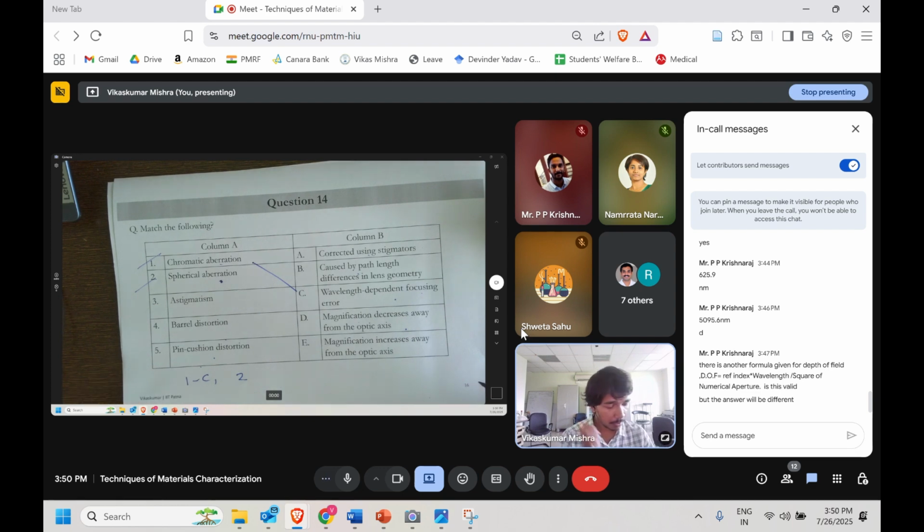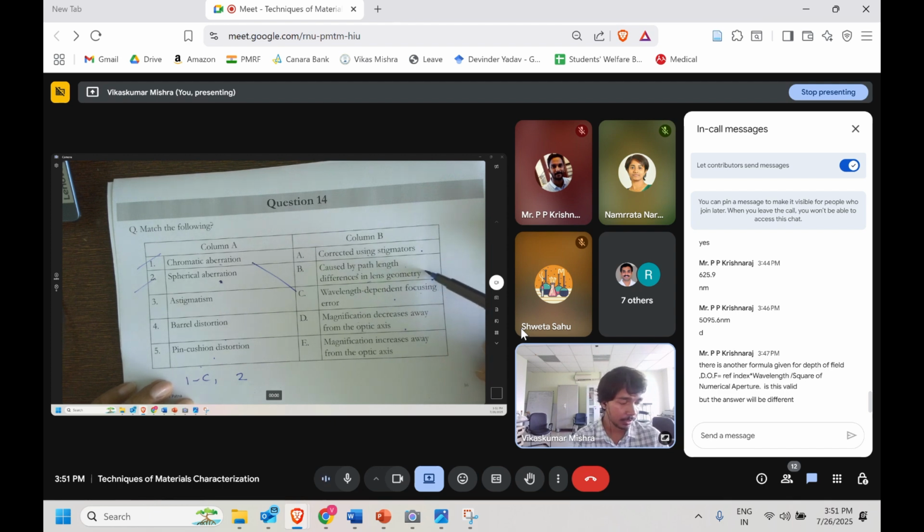Krishna Raj. Okay. For spherical, let's read: corrected using the stigmata caused by the path difference in the lens geometry. Is it caused by the path difference in the lens geometry? D: magnification decreases away from the optical axis. Magnification increases away from the optical axis.